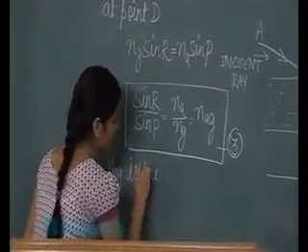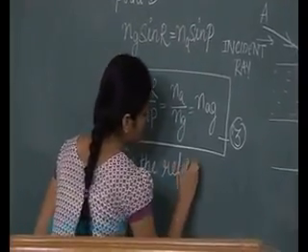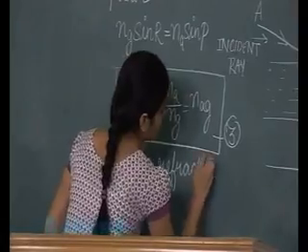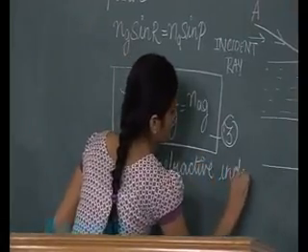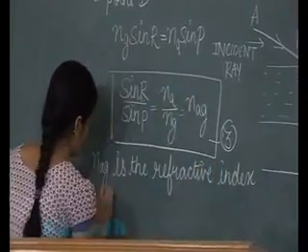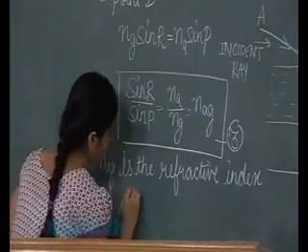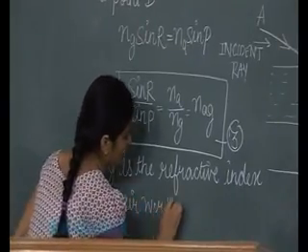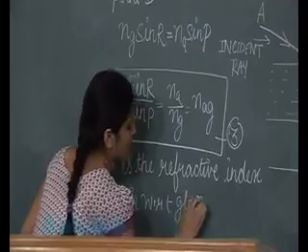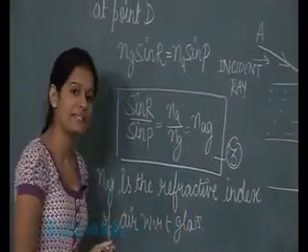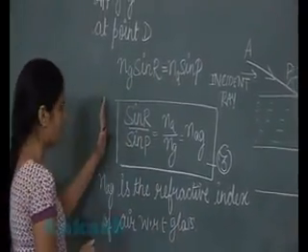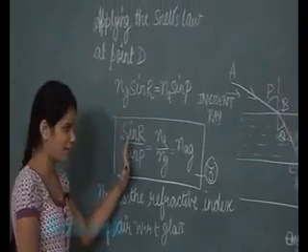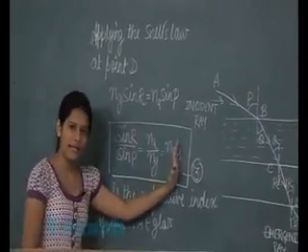is the refractive index of air with respect to glass. So student, by applying Snell's law at point D, we get this equation, that is sin R by sin P is equal to Nag.